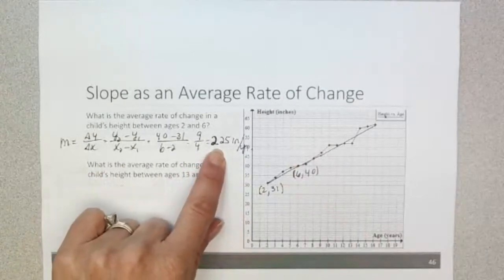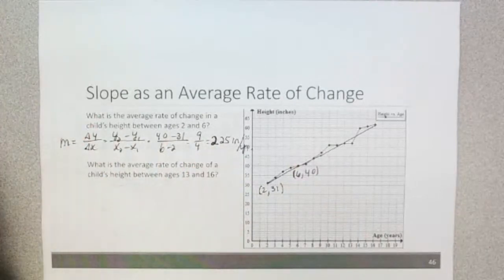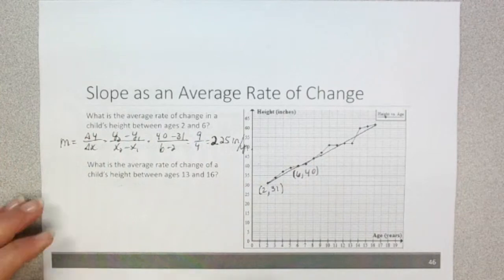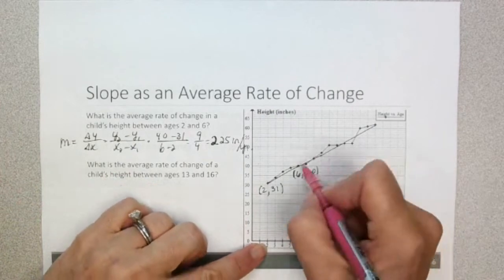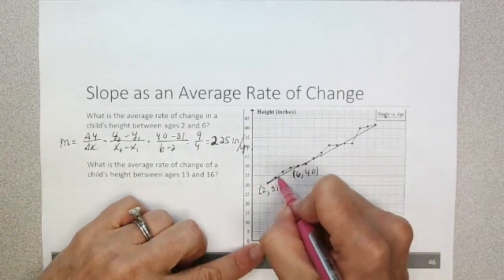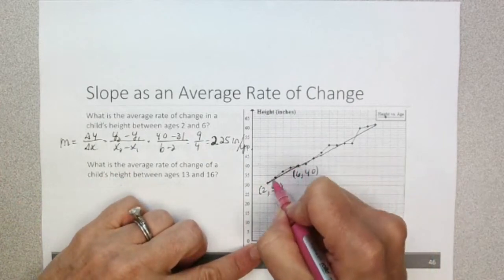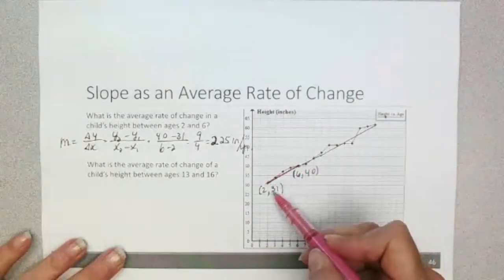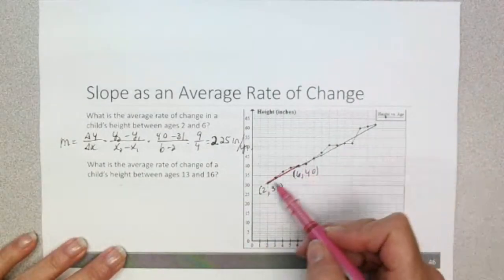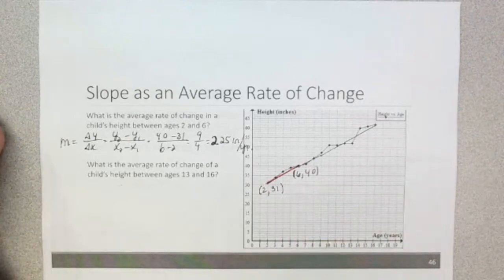All right, so that's what we just did. We just measured the slope of the line between x equals 2 and x equals 6. And that one pretty exactly followed our estimate, our linear line there.